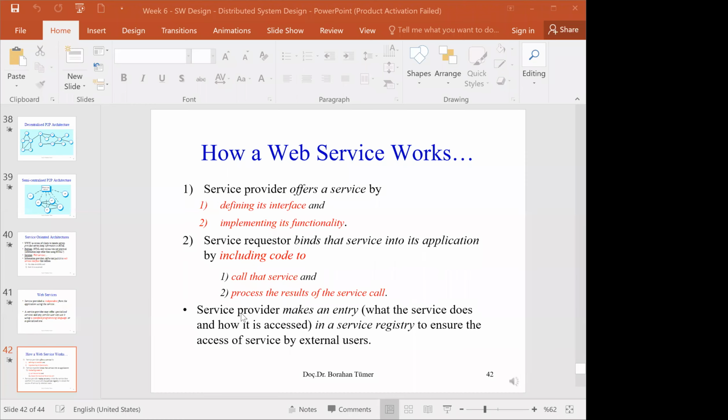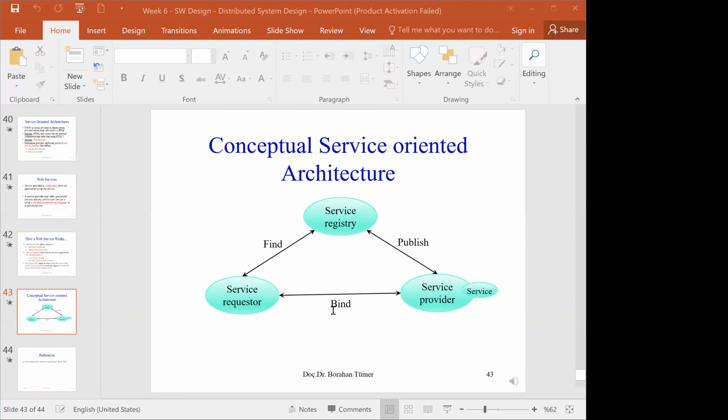The service provider then makes an entry, what the service does and how it is accessed, in a service registry to ensure the access of the service by external users. So the service provider provides this service, and it makes sure by an entry that others, I mean the service requesters, know what it does and how it can be accessed. So it is conceptually shown like this.